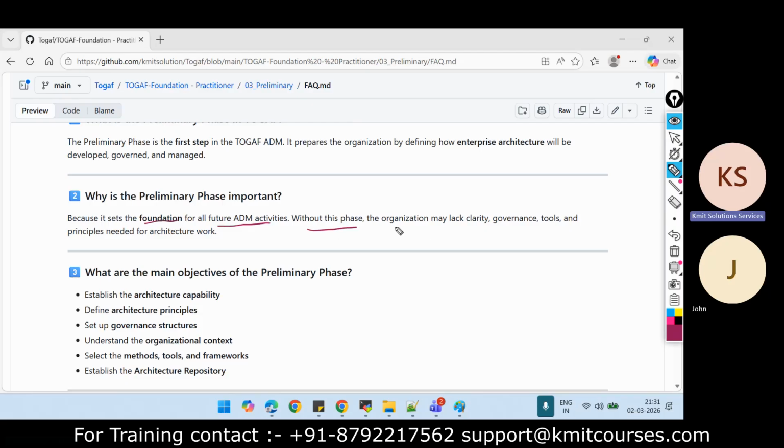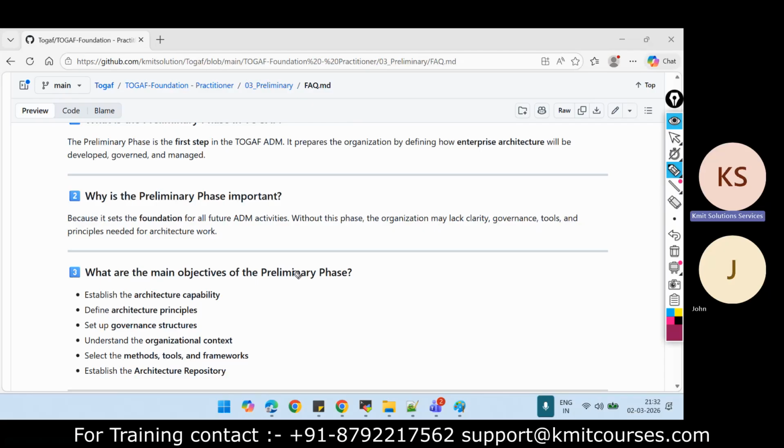Without this phase, the organization may lack clarity, governance, tools, and principles needed for the architecture work. So that is the purpose of this preliminary phase. Because if there is no governing body and no architecture principles, then how can we proceed with the other phases? So this is required. This is a very important part.